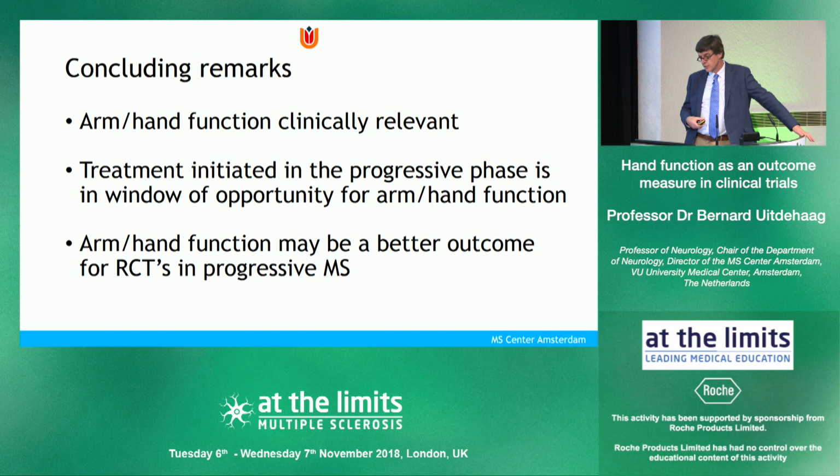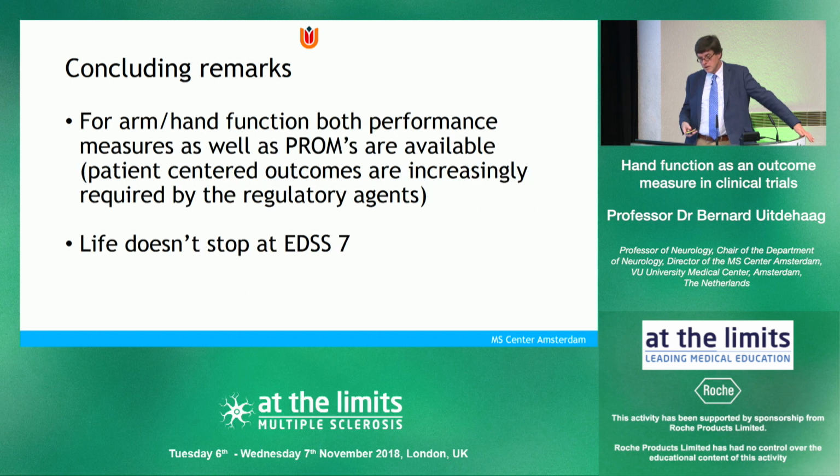Treatment initiated in the progressive phase may be in the window of opportunity with respect to arm and hand function, so it may be a very sensitive and sensible outcome measure for RCTs in progressive trials. I think we should consider including that. And we have the availability of both performance measures and PROs, and patient-centered outcomes are increasingly required by regulatory agencies, so that also offers an opportunity.